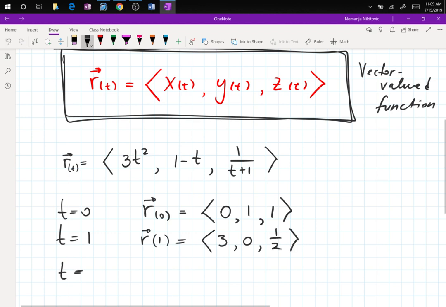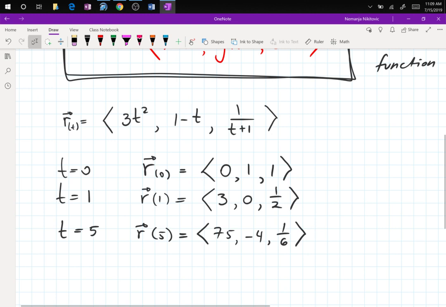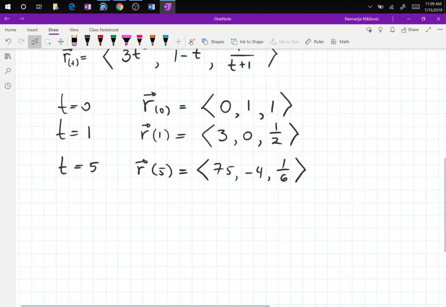Let's say t equals 5. If t equals 5, r of 5 is the vector 75, -4, 1/6. So what is happening?